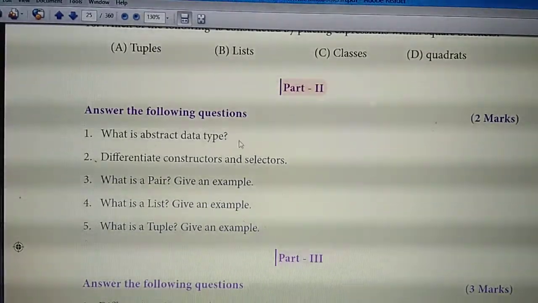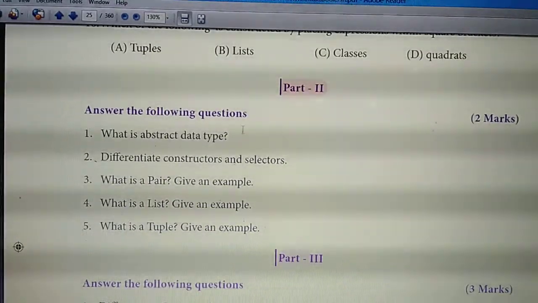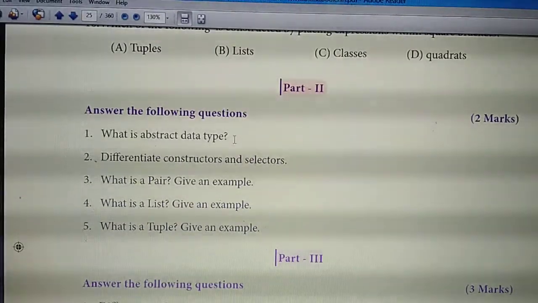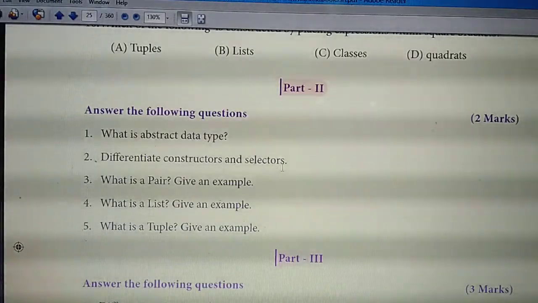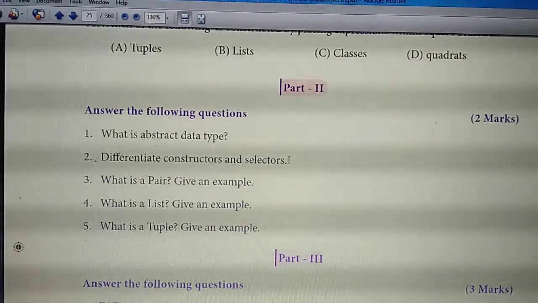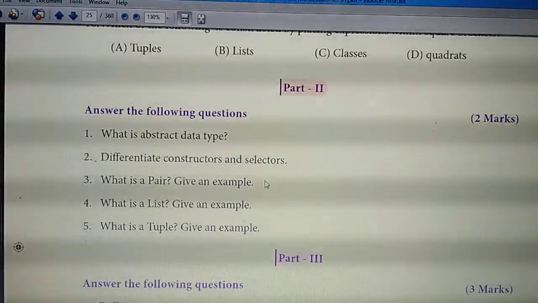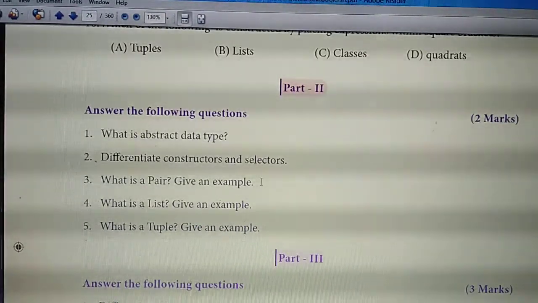First question, page number 11. Second question, page number 12. Third question, page number 15.